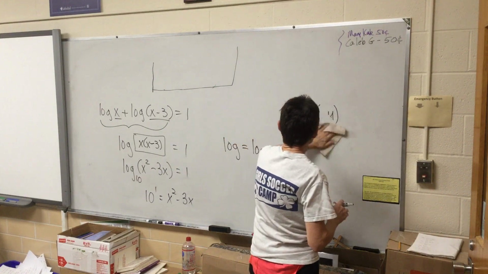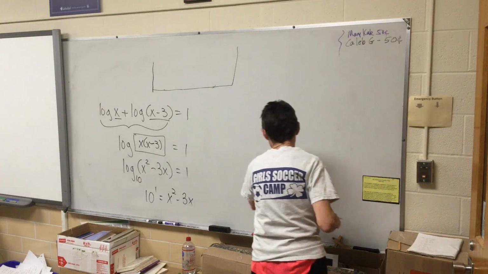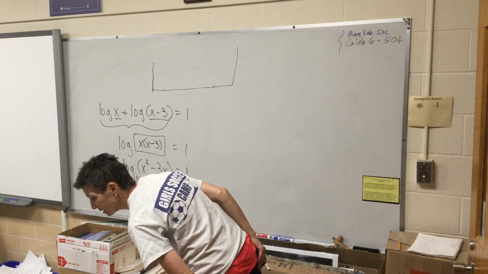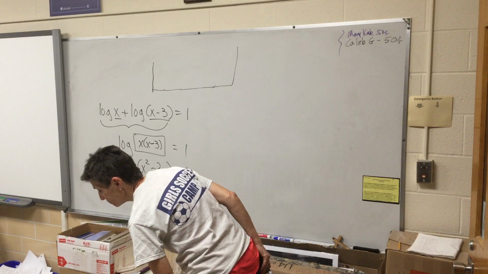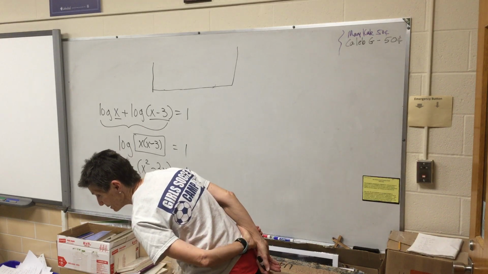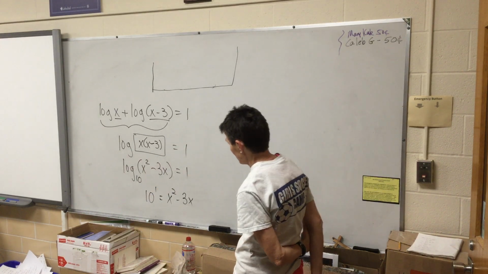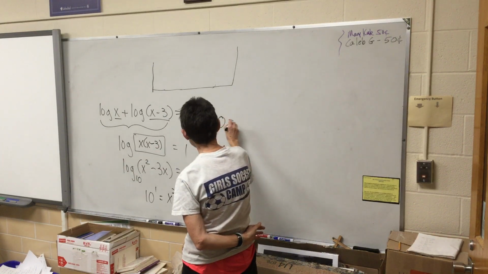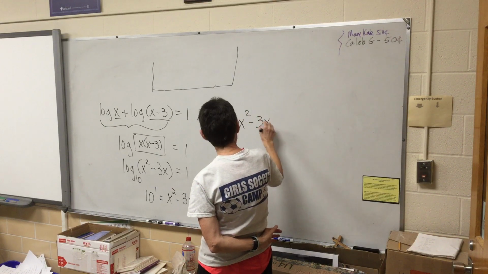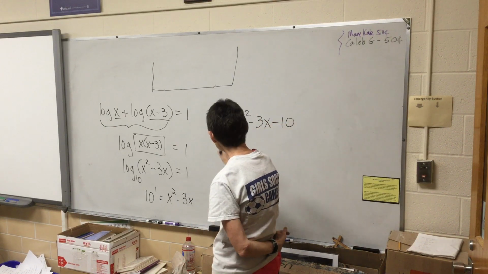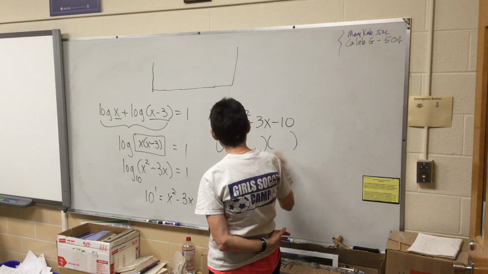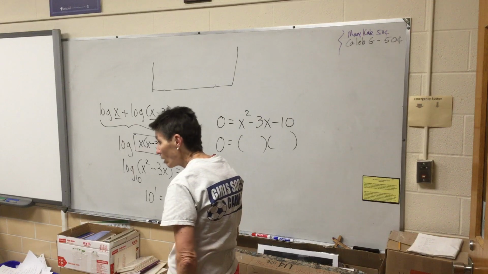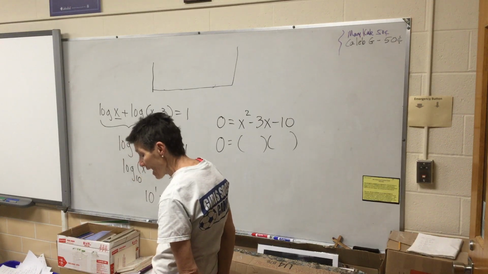Now I need to solve this equation. What kind of equation is that? It's a quadratic. How am I going to solve this? We'll subtract 10 to the other side, factor it out. Yeah, and then sure. So one option, Jacob, that you have suggested is factoring, and this one does factor. But of course we know that there are quadratic equations that don't factor.